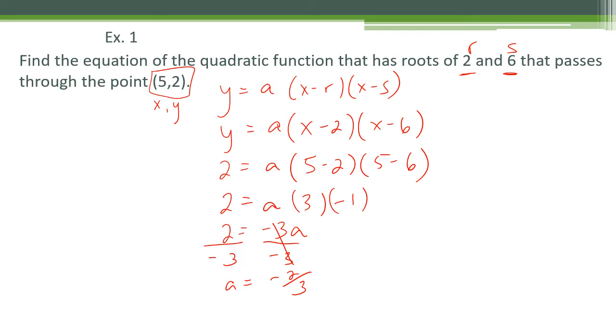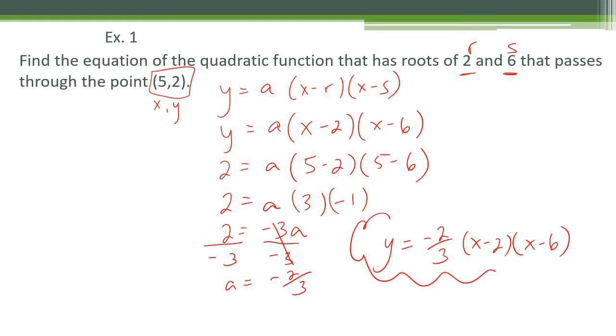And once you're there, don't forget you're not done. We found a, which was basically what we had to find, or the hard part, but it's asking you for the whole equation. So y equals, you've got to put it all together, negative 2/3 (x minus 2)(x minus 6). And there's your final equation.